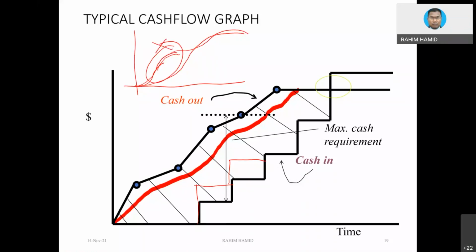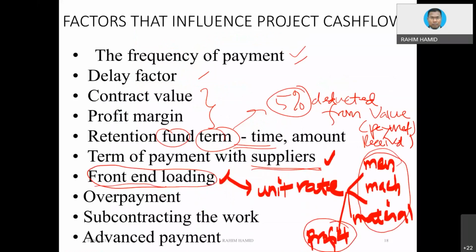Eventually you need to revise the look of the S-curve, because they can catch the trick you use in terms of front-end loading, loading a lot of profit at the beginning of the project.